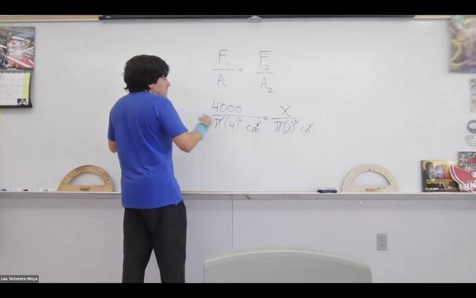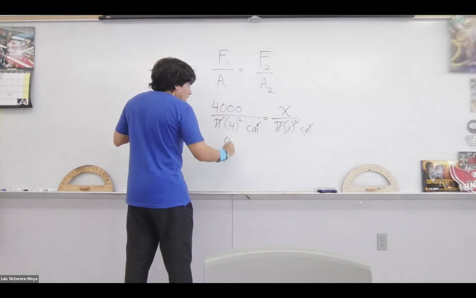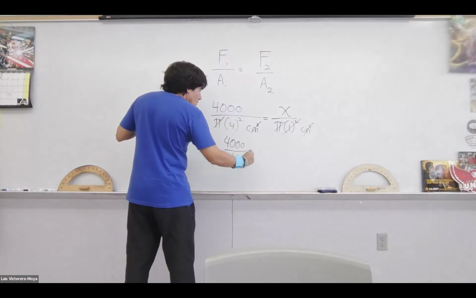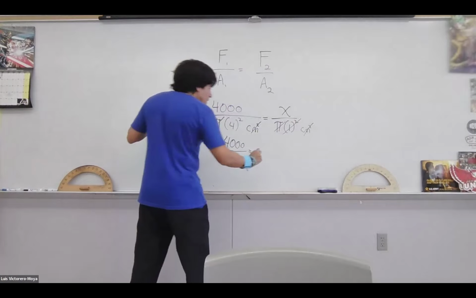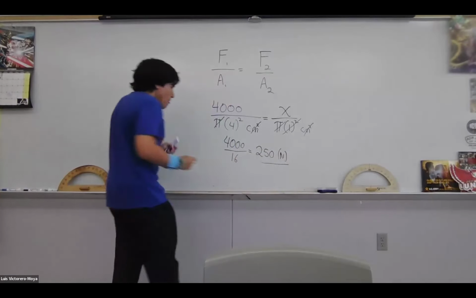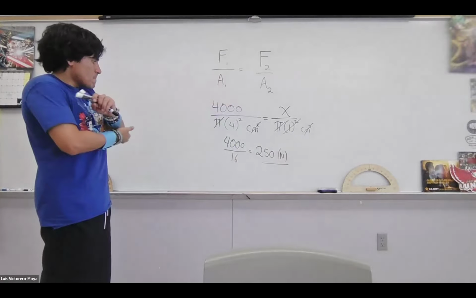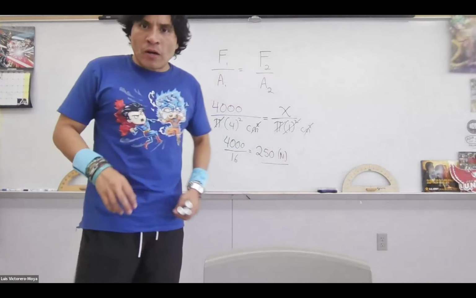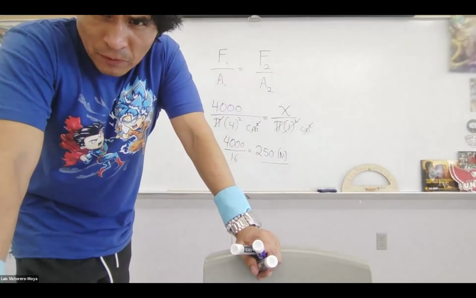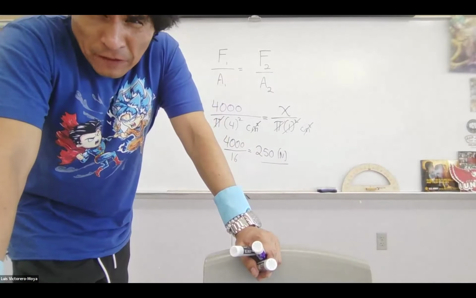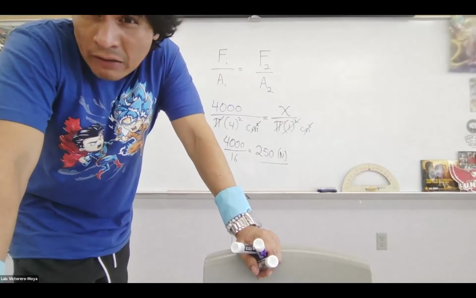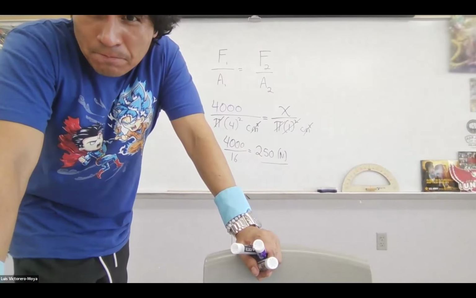It will be 4,000 divided by 16, which will be about 250 newtons. Right? Divided by 4 is 1,000. Divided by another 4 is 250. So way less on the other piston. 250 newtons is about 25 kilograms, which is the mass of a child, give or take, right?